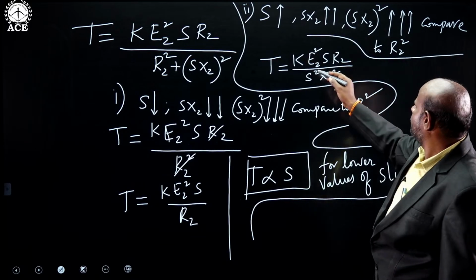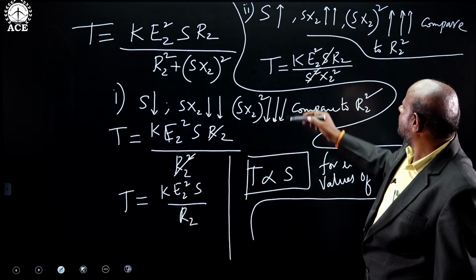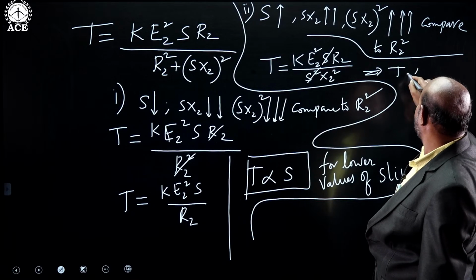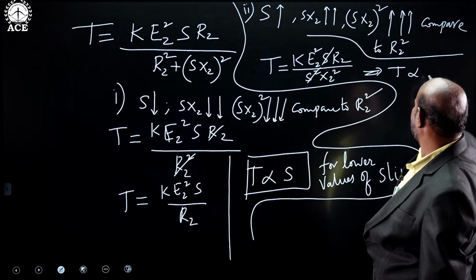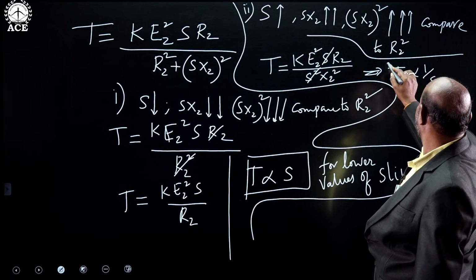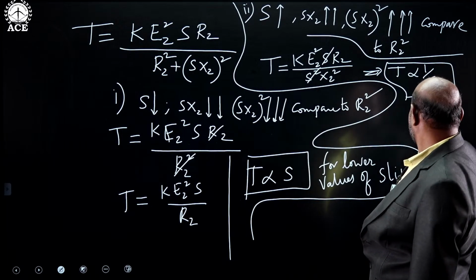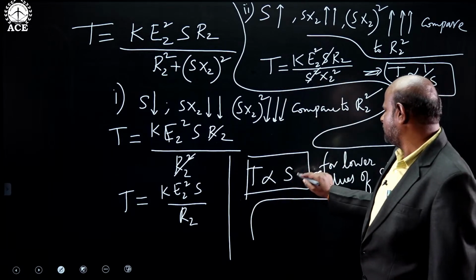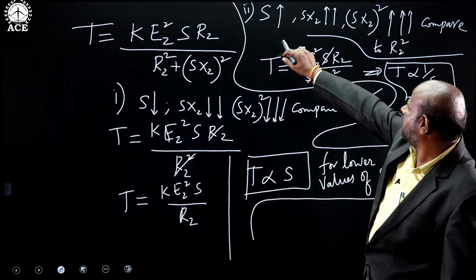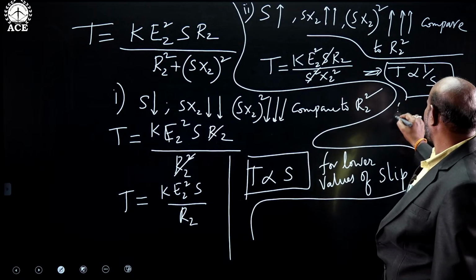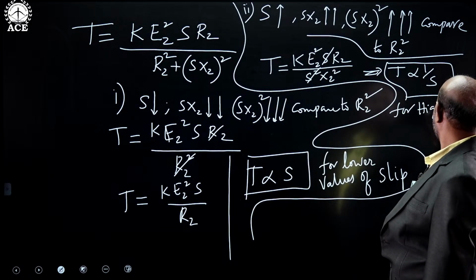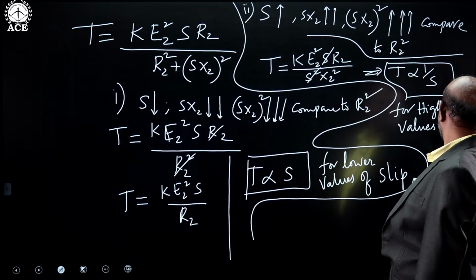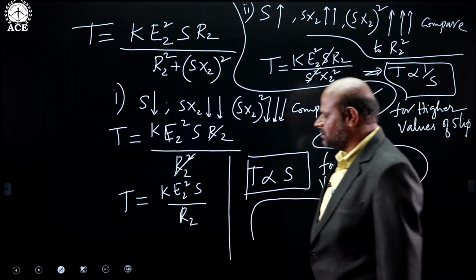Now S will cancel out, so the torque is inversely proportional to S. For the first case, for lower values of slip, torque is directly proportional to S. For the second case, for higher values of slip, the torque is inversely proportional to slip.